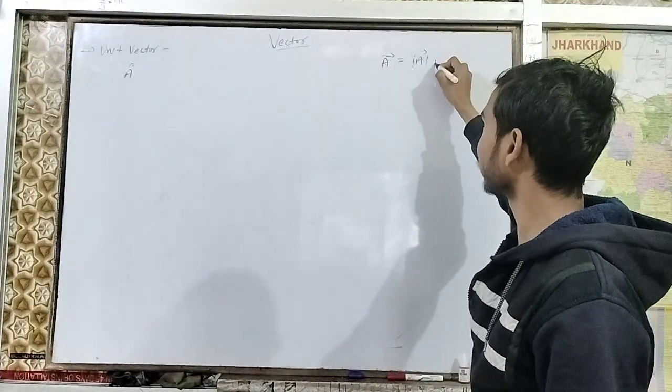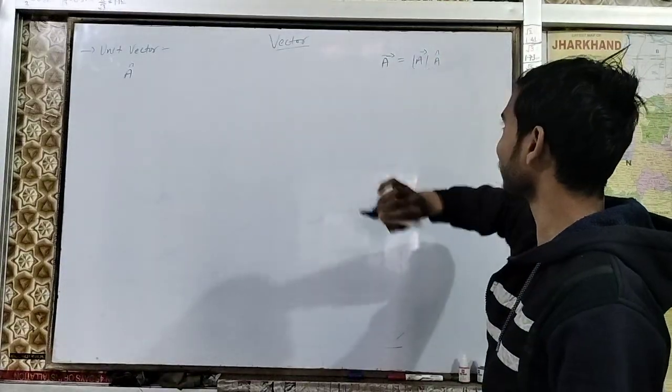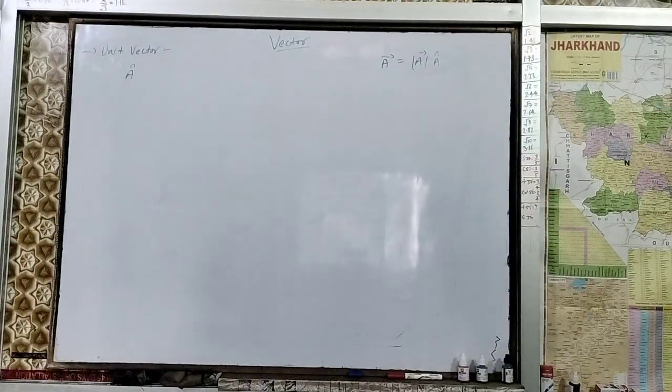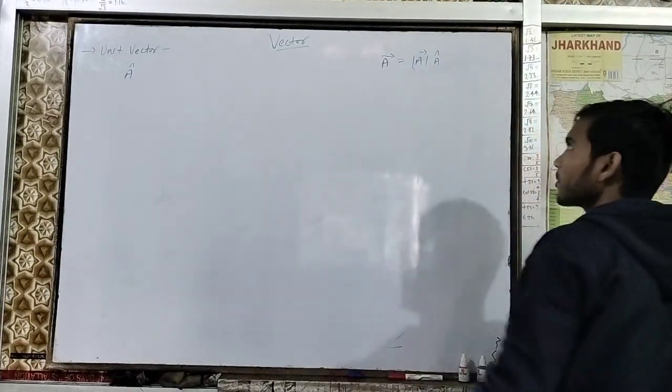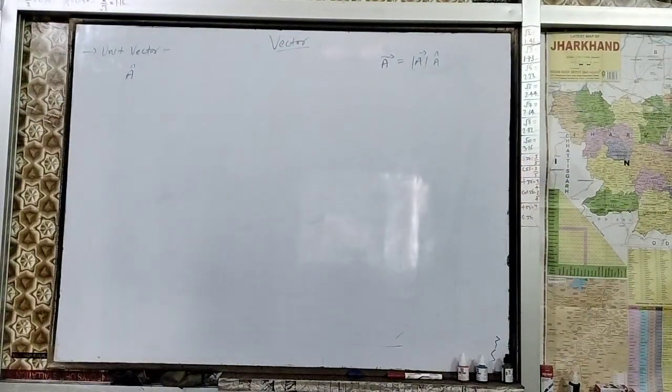Where is the direction? For direction, we use this A cap. Multiply these: magnitude multiplied by direction will give us a vector. That is what we are understanding here.